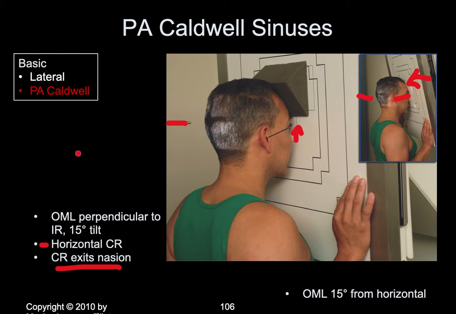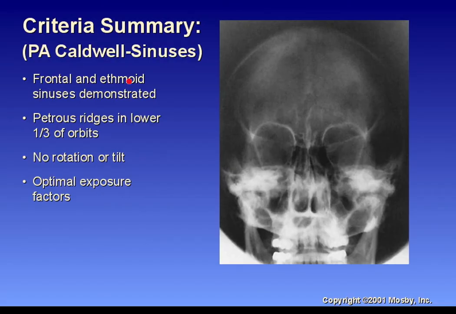Don't angle for your sinuses because you're looking for air fluid levels. Frontal sinuses and ethmoid are seen on the Caldwell sinuses, so that's what you're demonstrating, frontal and ethmoid. The petrous ridges in the lower third of the orbits. No rotation, no tilt, okay? So the Caldwell for the sinuses, frontal and ethmoid, and the petrous ridges in the lower third.